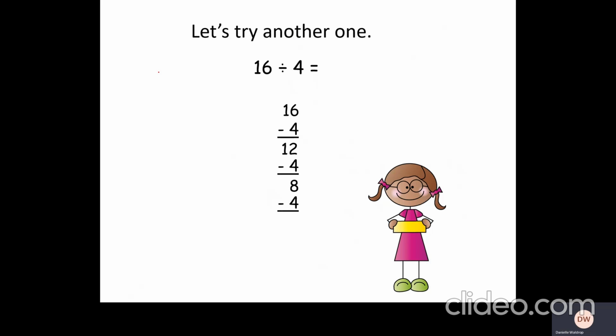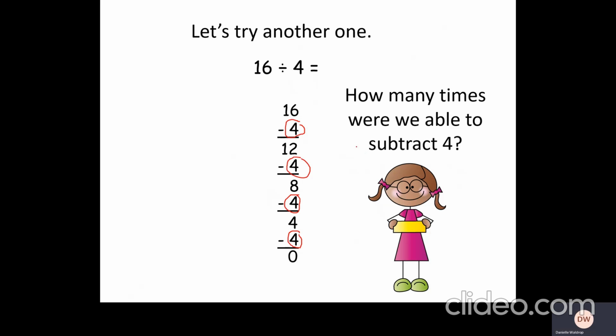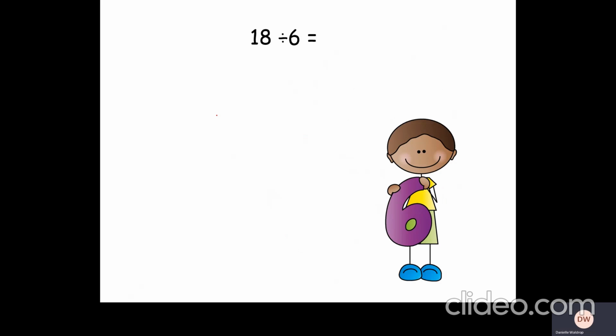Still not at 0. 8 minus 4 is 4. I'm still not at 0. 4 minus 4 is 0. So now let's go back and count how many 4s we took away. 1, 2, 3, 4. And so I know that if I was able to subtract 4 four times, then my answer, my quotient, is 4.